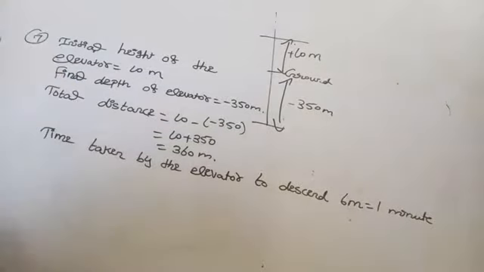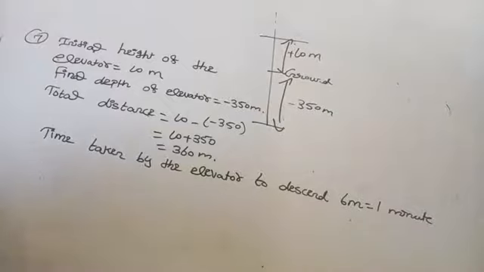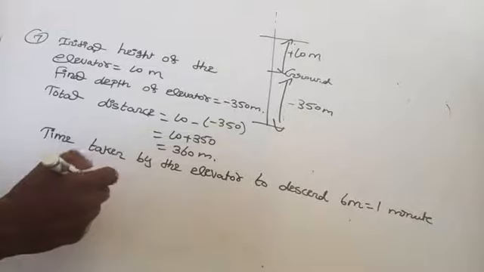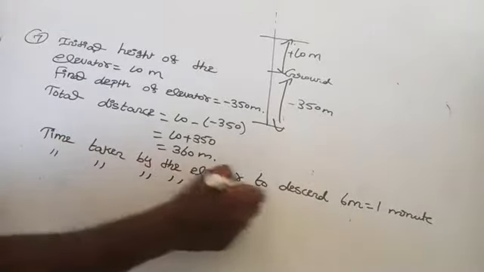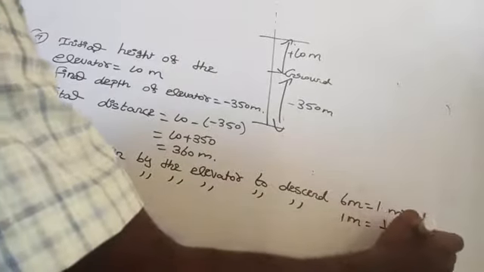Now what is the time taken by the elevator to descend 360 meter? So 1 meter means what? 1 by 6 minutes. Time taken by the elevator to descend 1 meter is equal to 1 by 6 minutes.